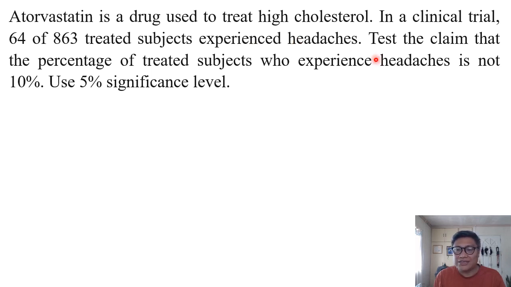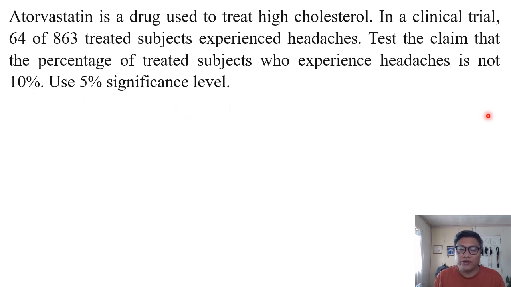So we are going to test the claim that the percentage of the treated subjects who experience headaches is not 10%, then use a 5% significance level. Now, we want to find out, class, whether based on the sample of 64 of the 863, this is not equivalent to 10%, because this is the claim.